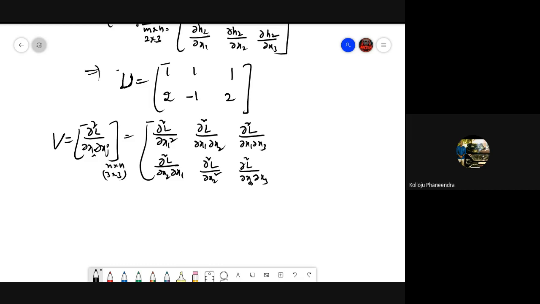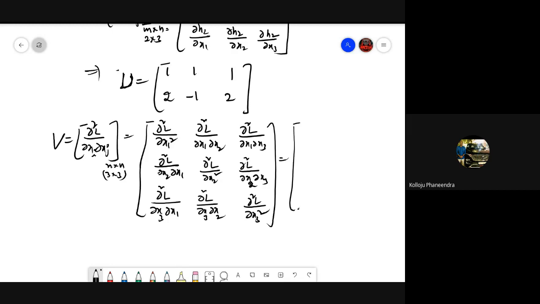Then the third row, 3 1, 3 2 and 3 3. For L I have to consider. If I find this, you will get 8, minus 4, 0; minus 4, 4, 0; 0, 0, 2.